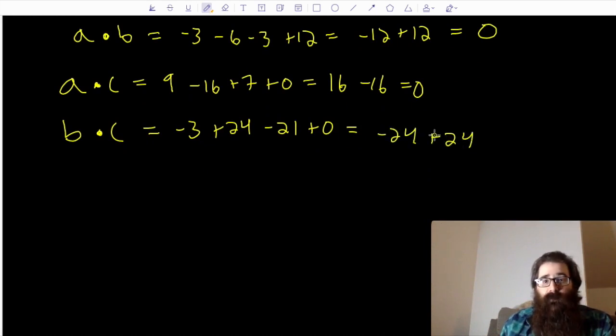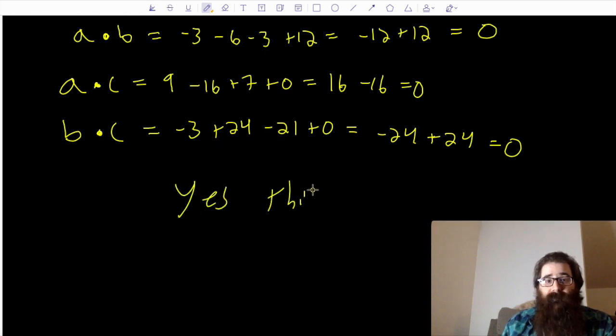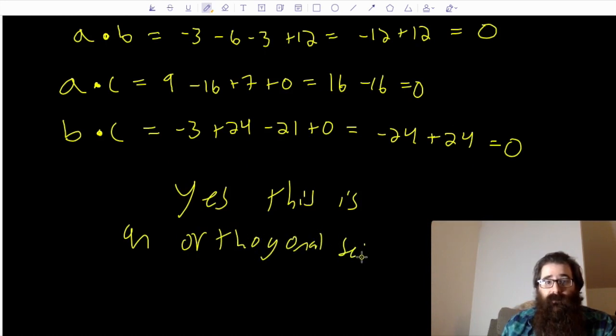Plus 24 is going to give me 0. So all of my pairwise dot products are 0. So we'll say yes, this is an orthogonal set of vectors.